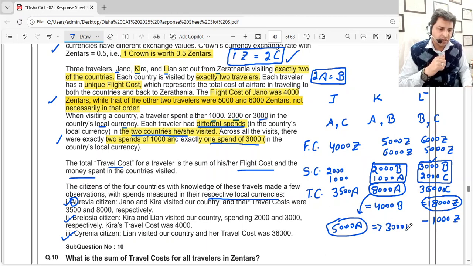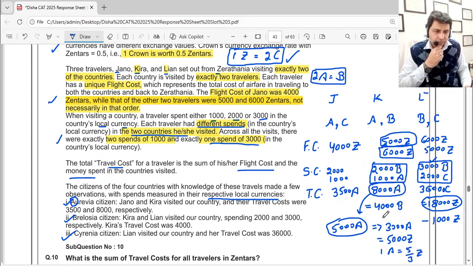Now that means this 3000 A will be either equal to 5000 Z or it will be 6000 Z. Now if I put that equal to 5000 Z, that means 1 A is equal to 5 upon 3 Z. Now if I take this 3000 B and convert that to A, that is 6000.